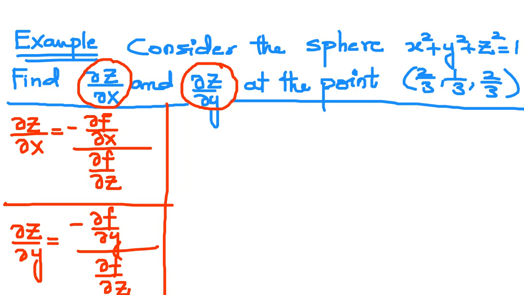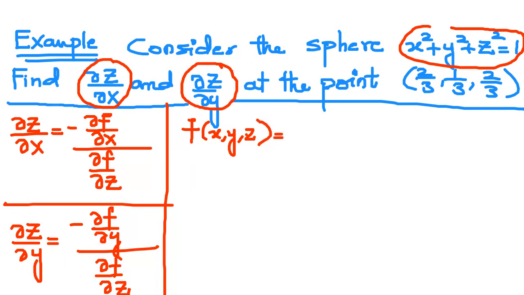Now the equation is given in terms of x, y and z. So you can write a function f of x, y and z that is equal to x square plus y square plus z square. From that you can easily find the partial derivatives.